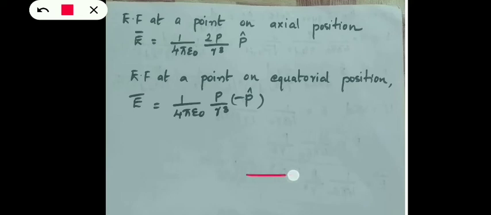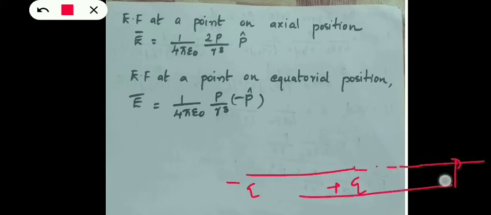So here you consider a dipole with minus q and plus q, and on the axial position we have a point P, at a distance of r from the center of the dipole. Now consider another point Q, also at the same distance r from the center of the dipole, but on the equatorial position.